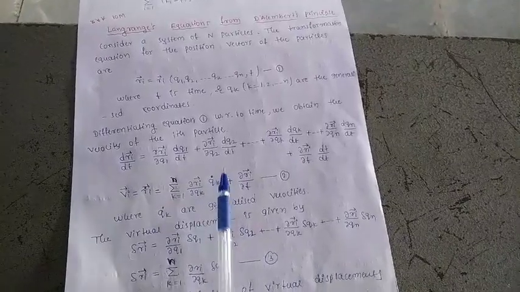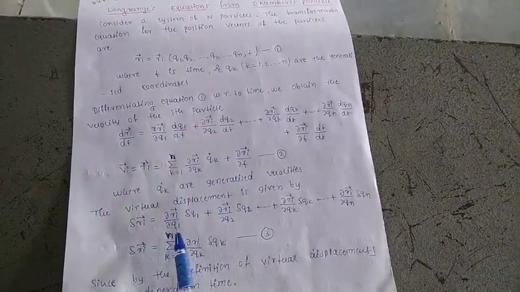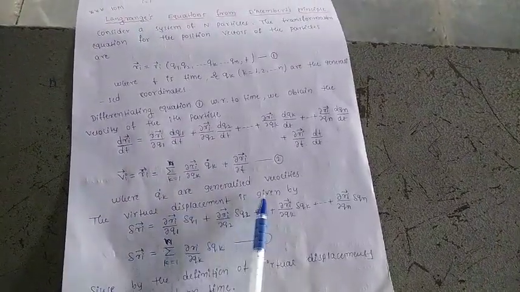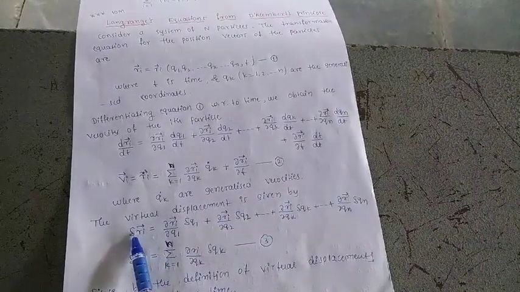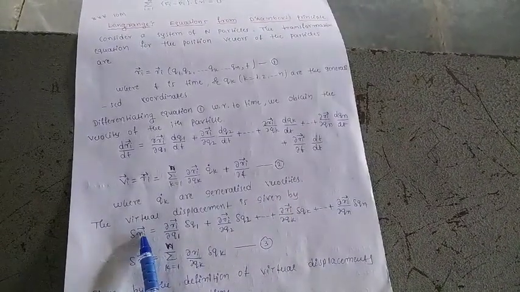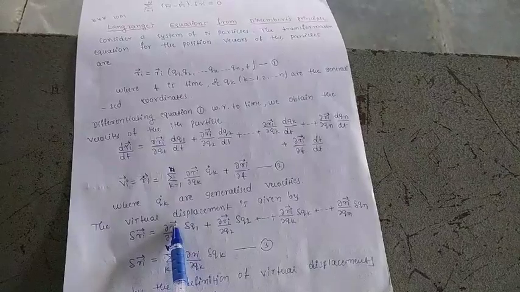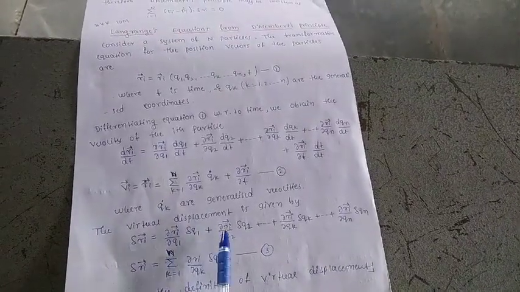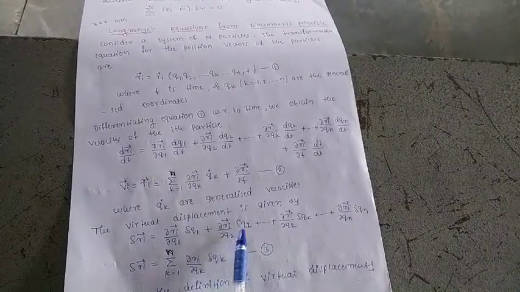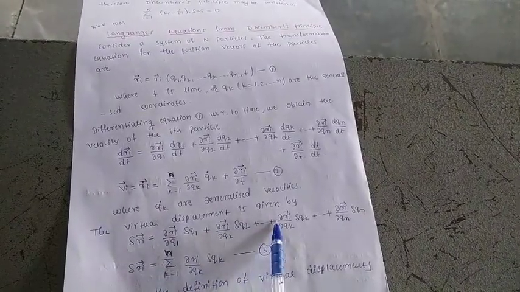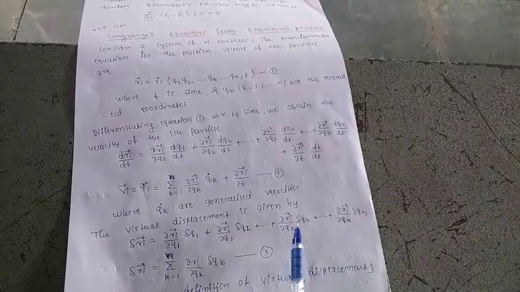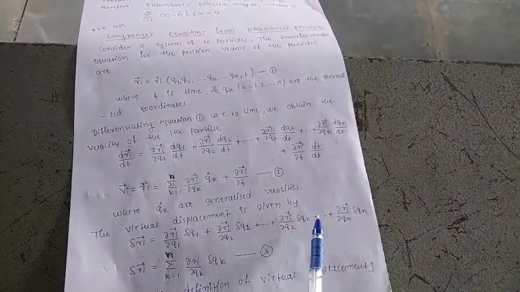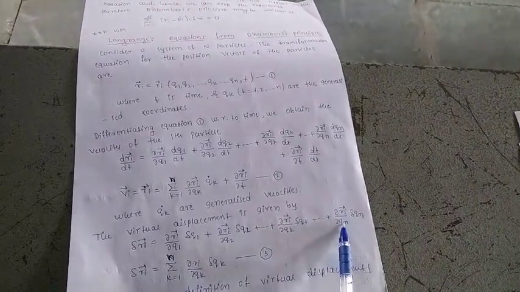Now we know that the virtual displacement of the system of particles is given by delta Ri bar is equal to dou Ri by dou q1 into delta q1 plus dou Ri by dou q2 into delta q2 plus up to dou Ri by dou qk into delta qk plus dou Ri by dou qn into delta qn.